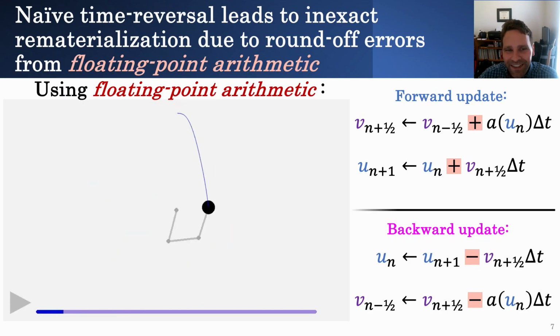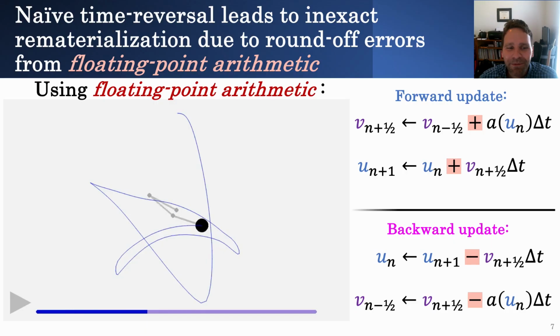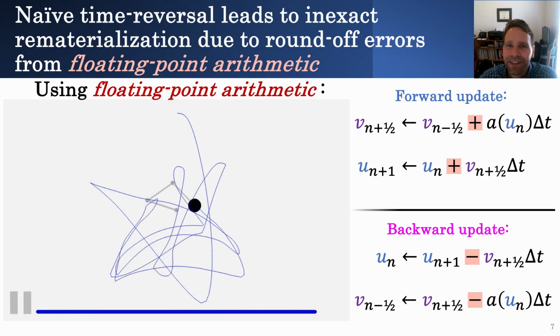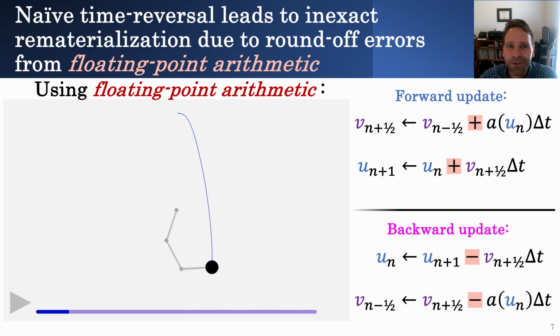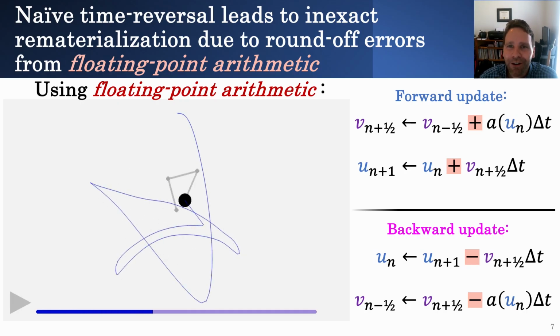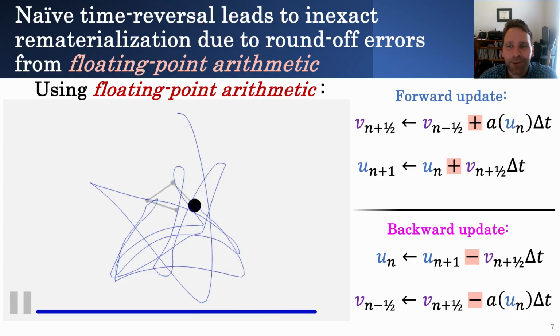And essentially, this chaotic pendulum, being sensitive to those errors, really raises the question: is there some error being incurred that accounts for why it doesn't traverse that same trajectory going backwards in time? And the answer is yes. The source of that error turns out to be floating point arithmetic errors, and in particular, round-off errors due to addition and subtraction operations.